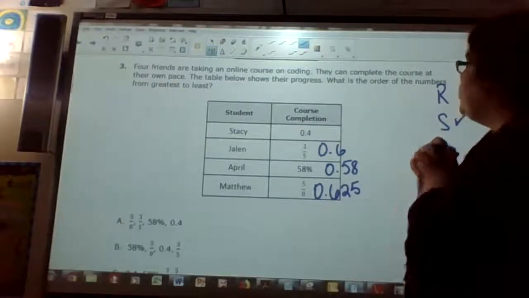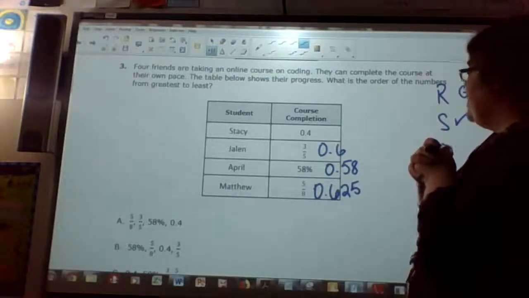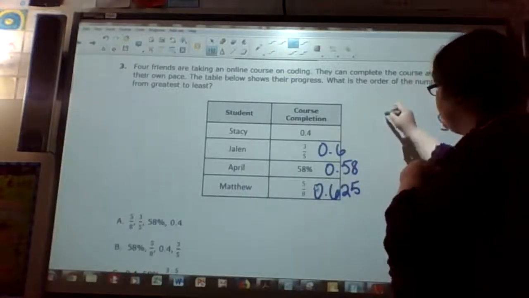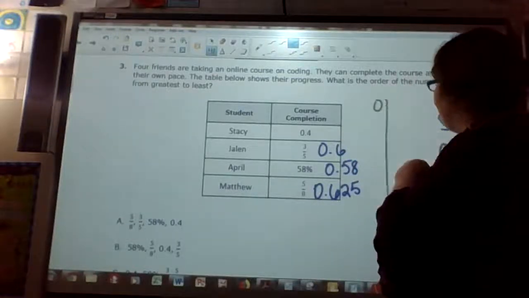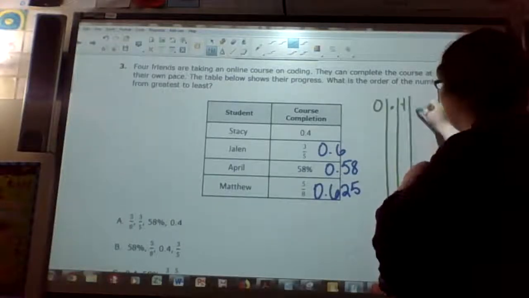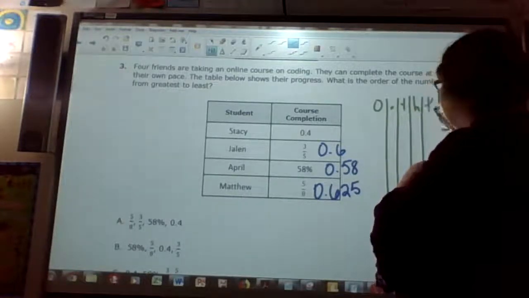And now I can order from greatest to least. So to order, I need to line up my decimals. So I'm going to make my griddable. I have my ones, my decimal, my tenths, my hundredths, my thousandths.